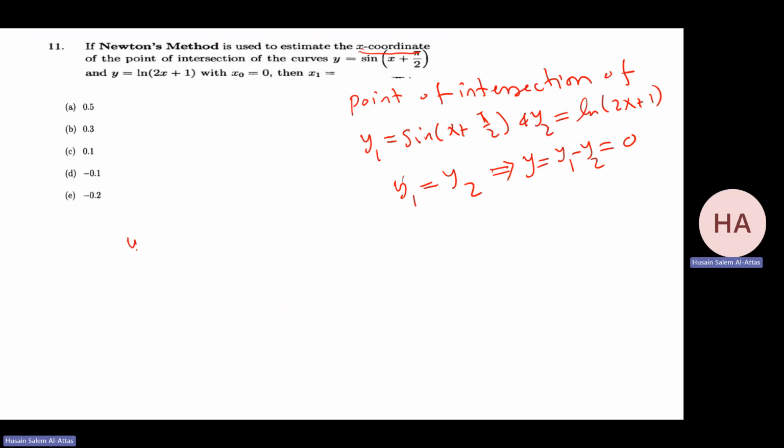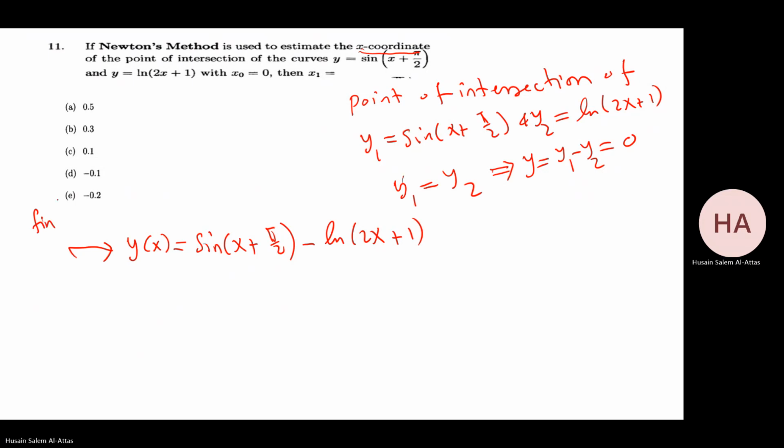So I have y of x is y1, which is sine x plus y over 2, minus ln 2x plus 1. This is what I want to find the 0 of. We want to approximate the zero of this one.